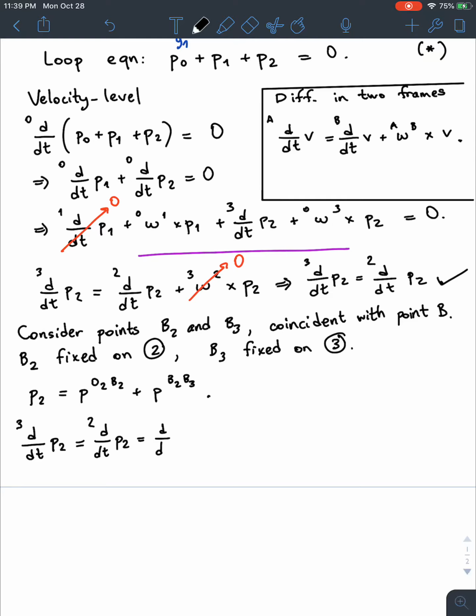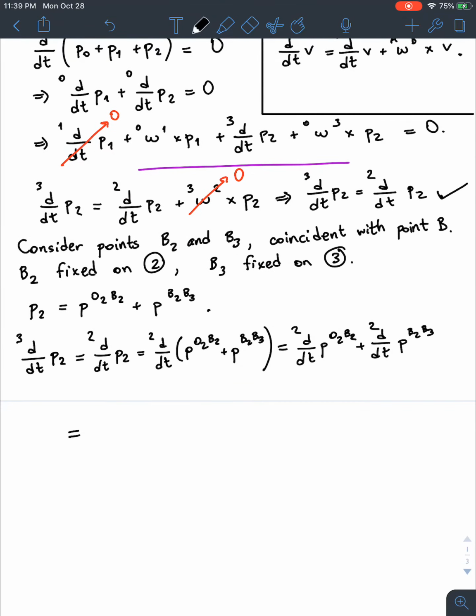So it's going to be d/dt in 2 of p O2 B2 plus p B2 B3, and let me distribute that: d/dt in 2 of p O2 B2 plus d/dt in 2 of the position vector from B2 to B3.